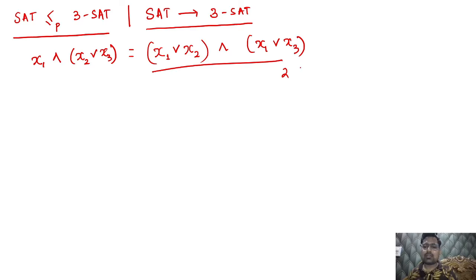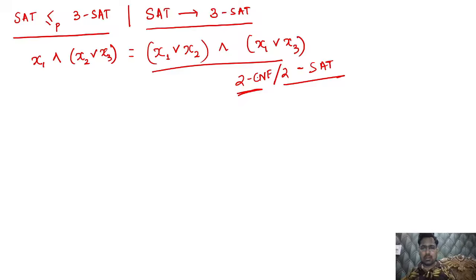Why? First, 2 CNF is equal to 2 SAT. Check whether it is 2 CNF: OR will be present within clauses, and AND is between the clauses, with two different literals within each. So we converted it to 2 CNF first.